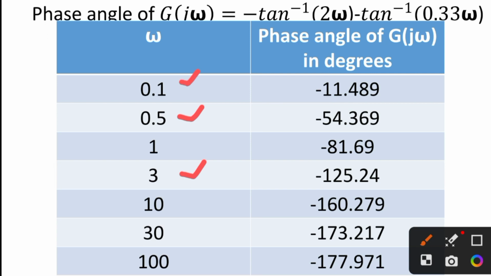So we have taken 0.1, and in between the two corner frequencies 1. Above the corner frequency we have considered 10 radian per second, 30 radian per second and 100 radian per second.